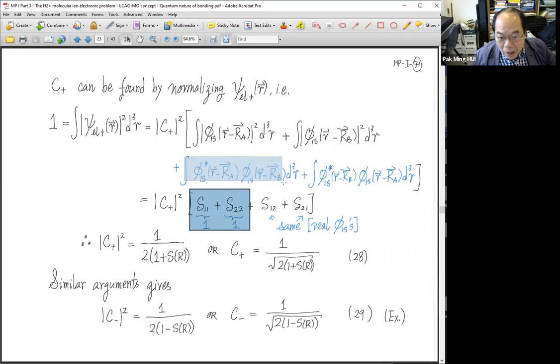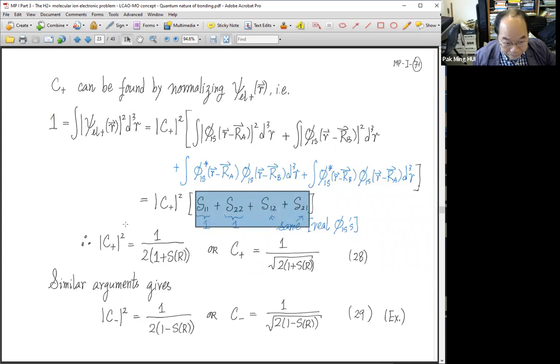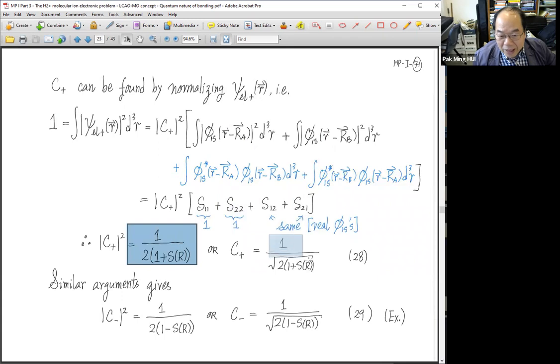This is the thing I call S of R or S12. So these two are the same. Therefore, this square is 1 divided by 2 plus 2S of R. So we can even get the normalization constant. You can take the TA's answer this week for this, and then you know everything. You normalize it, okay? Similarly, C minus can be done as well.